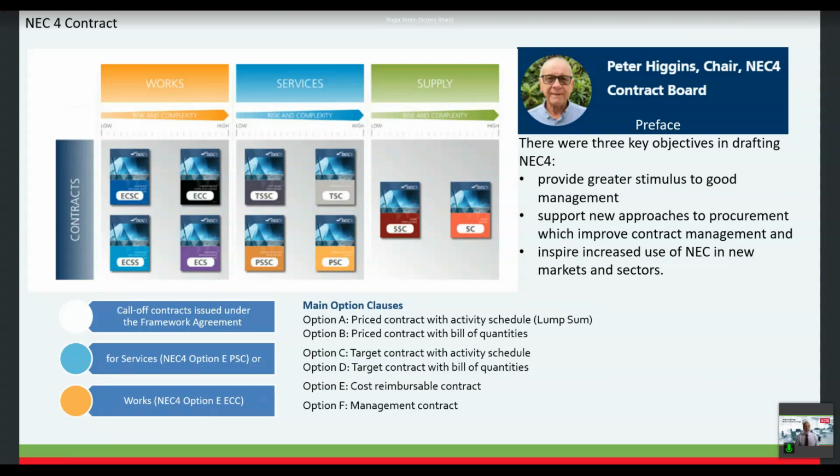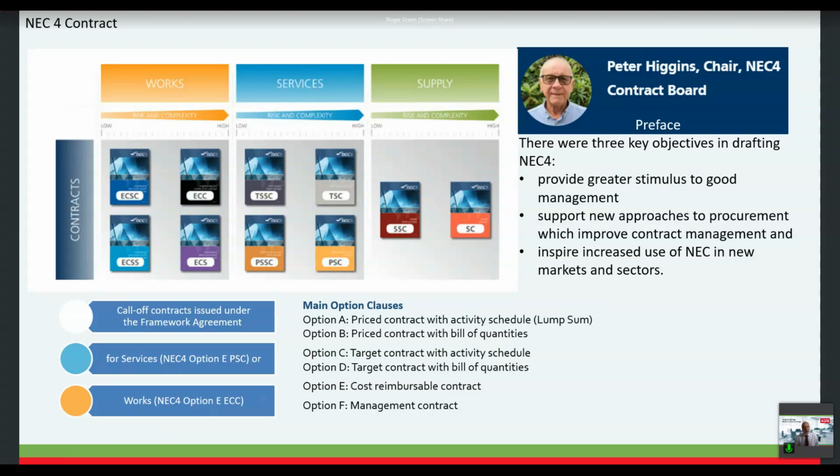But the idea is then, as the time goes on, we get better in terms of proving the accuracy and so on. We can then start looking at perhaps going to an option C contract, which is around the target cost. So these options that I'm talking about are main option contracts. They are there to detail, and you can see there's a bit of a diagram at the top there showing you around the risk and the complexity.